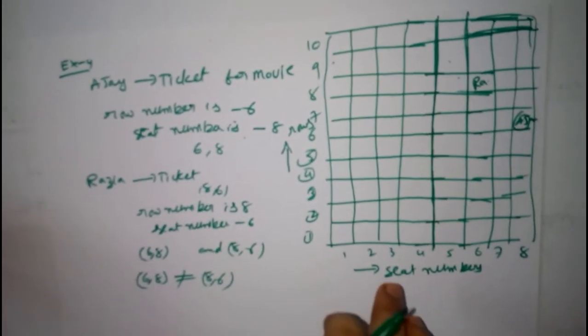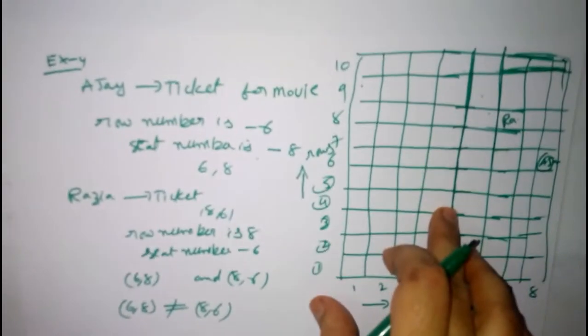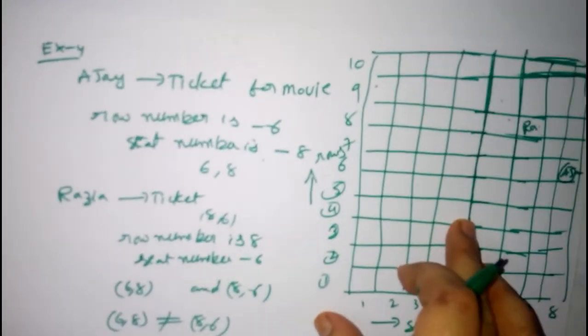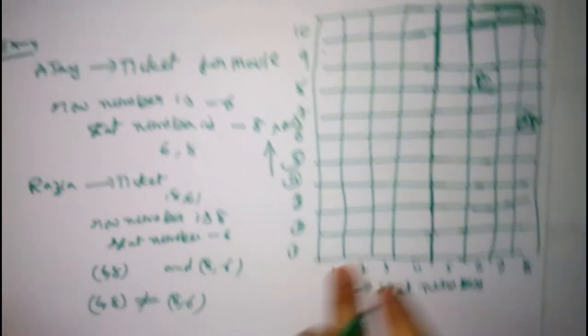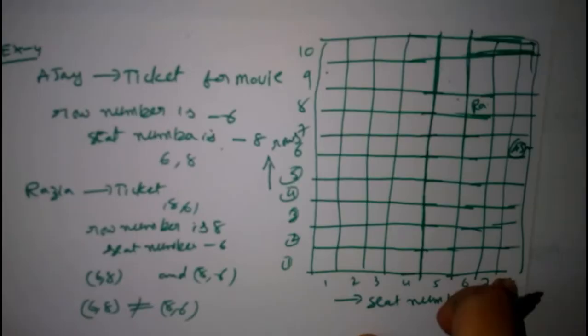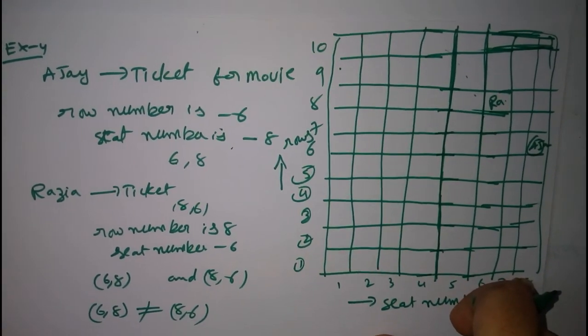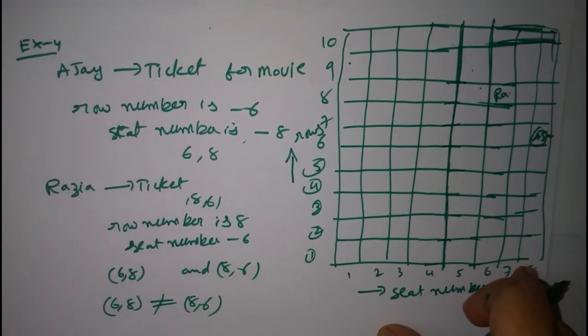So from the above example, we observe that the position of any object can be represented with the help of two perpendicular lines. This is one perpendicular line, this is the second perpendicular line. With the help of two perpendicular lines, we can find the position of any object on a plane.